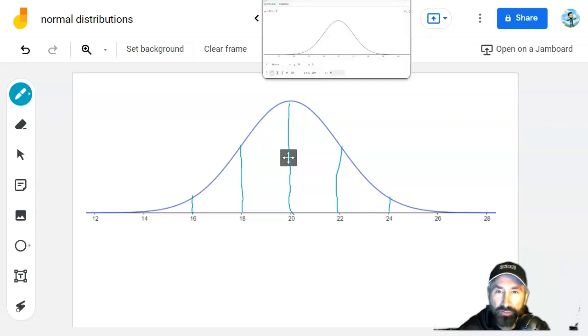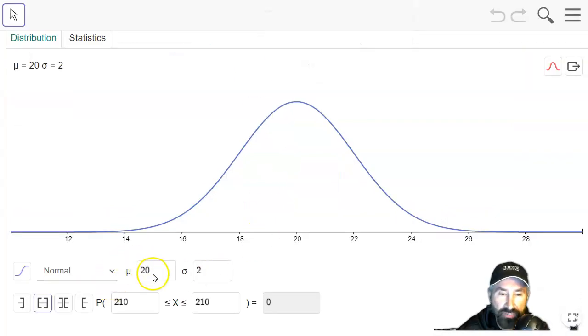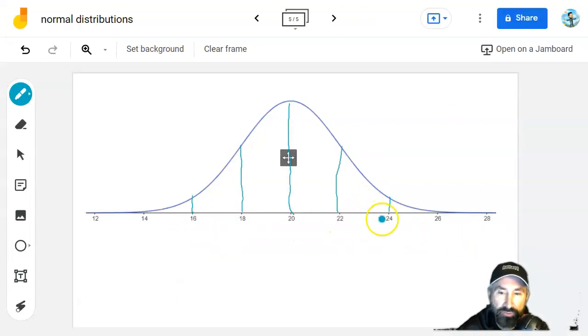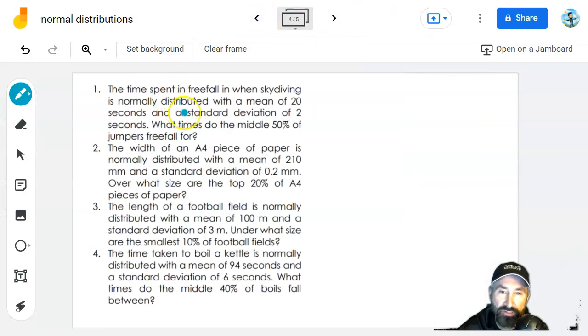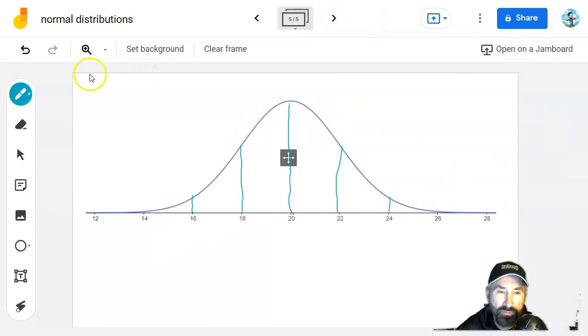According to GeoGebra, if I put mean of 20 and standard deviation of 2, I get this picture. Again, I got lucky that the 22 and the 24 and the 18 and 16 actually are standard deviations, so I put lines to indicate that. But what we want to know is the middle 50% according to this problem. So where do I put my cut points?